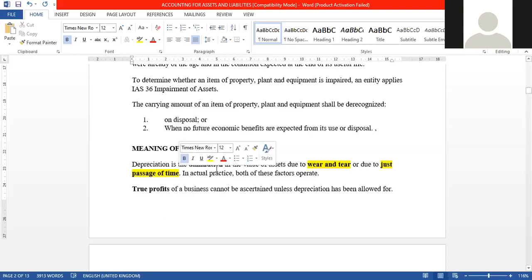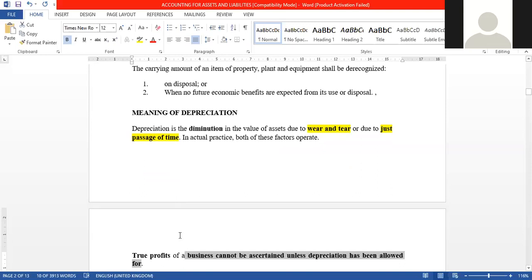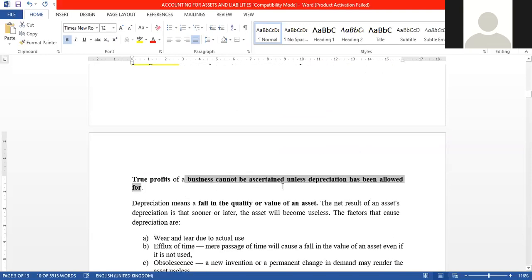And therefore, what we are saying here is that the true profit of a business cannot be ascertained unless depreciation has been allowed for. Very important to note this: you cannot ascertain the true profit of a business until you factor in what we call depreciation. Because remember, in the balance sheet, you are putting in assets. You need to get the real value of those assets.